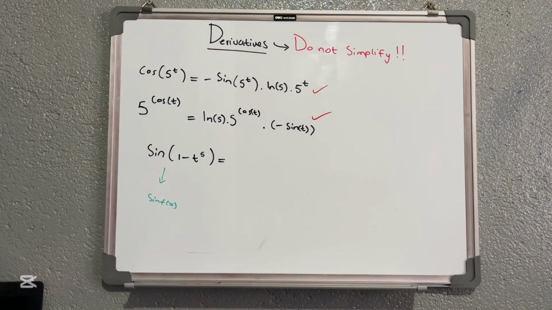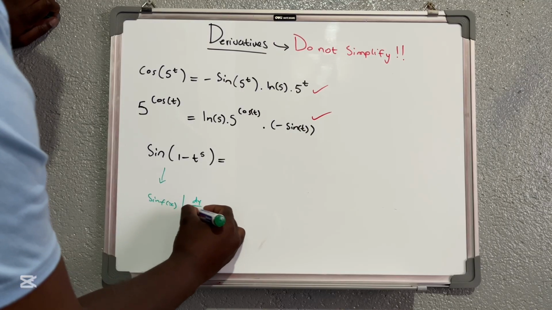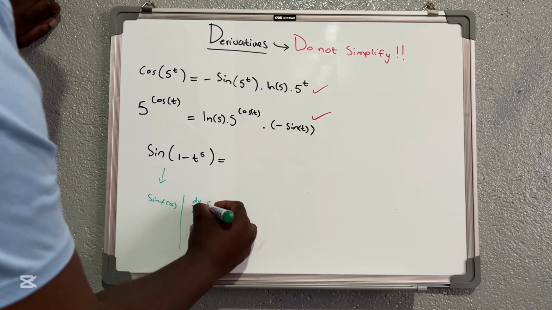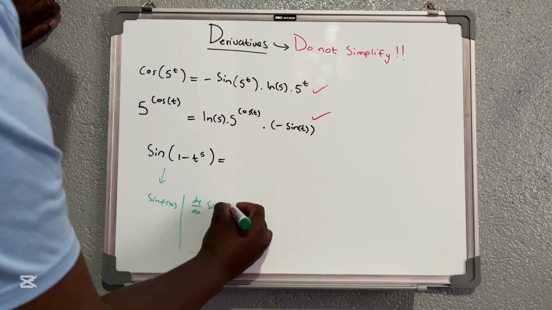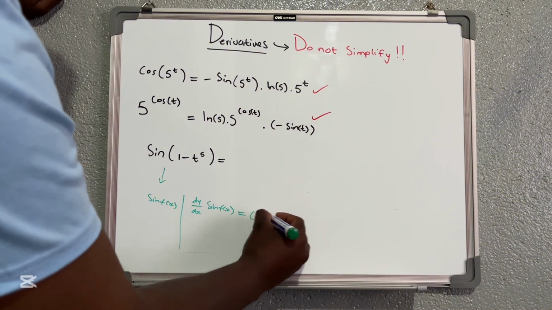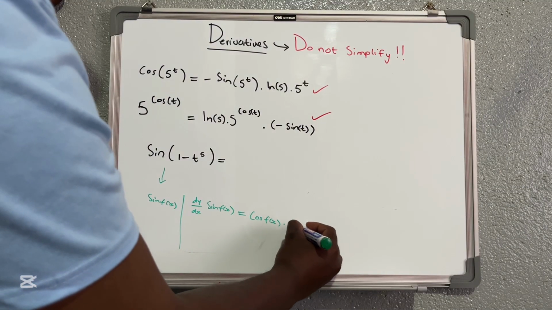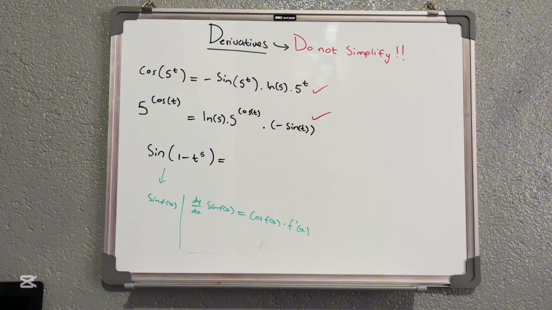So you know the rule that you have dy over dx, where you are having sine of f of x. What are they telling you? They tell you that for sine of f of x, you will have cos of f of x multiplied by the differentiation of what's inside the sine. So how is that going to look like?